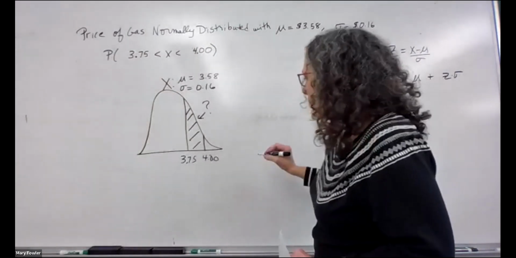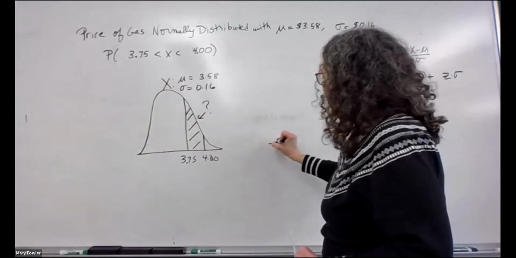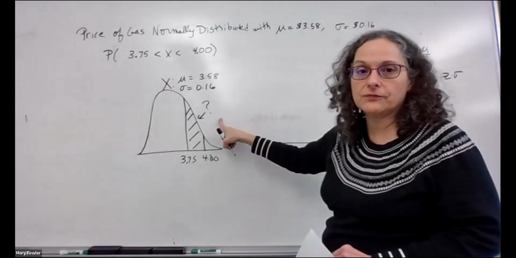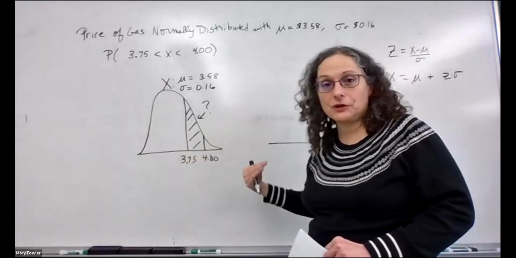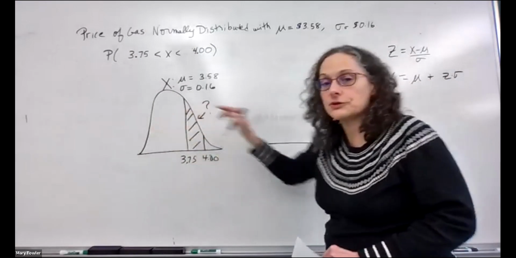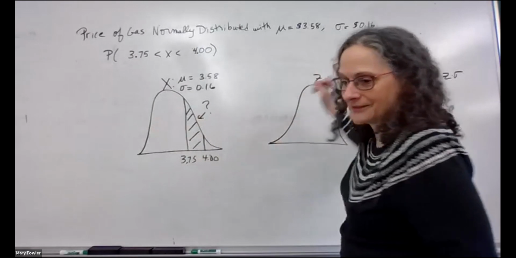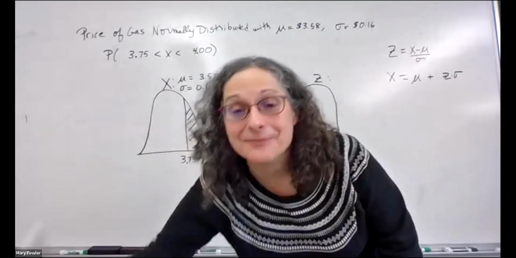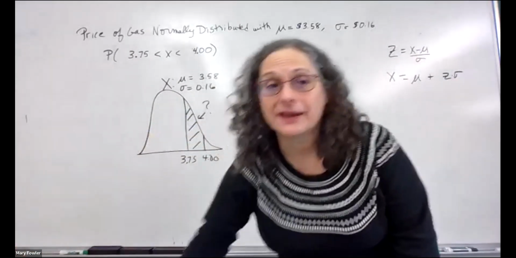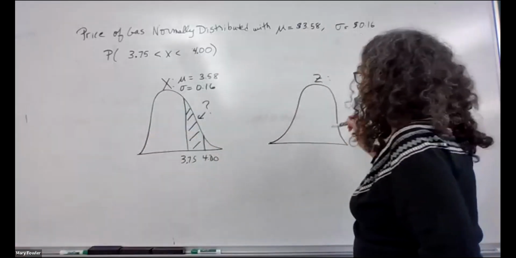So we're going to transform the problem from the X world to the Z world, because then we can use our Z tables to calculate the value of that area.